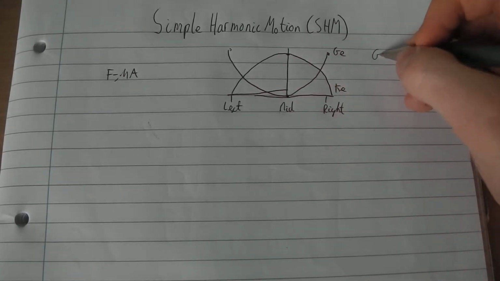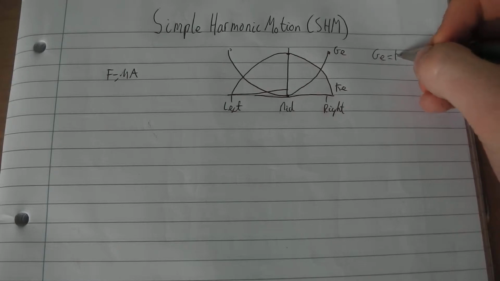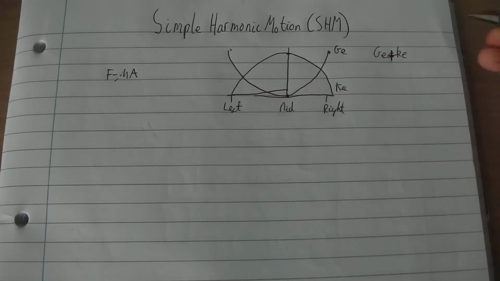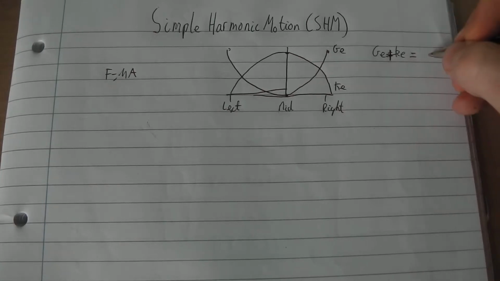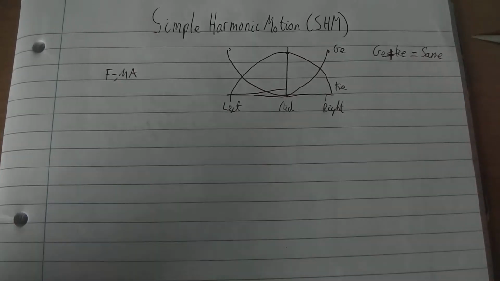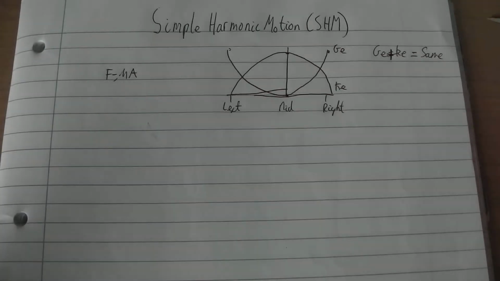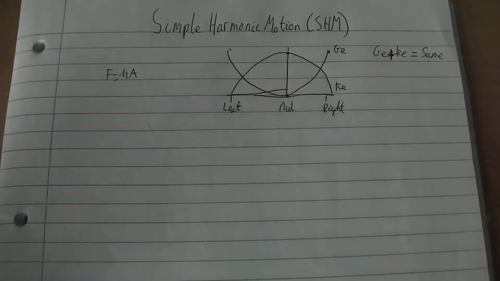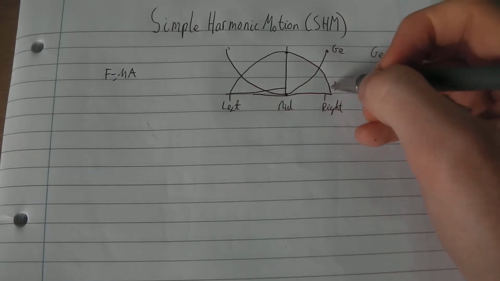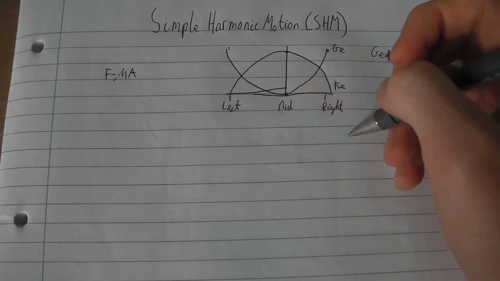And at all points, gravitational plus kinetic energy equals the same, because this assumes a system where there's no air resistance. It assumes a perfect pendulum where no matter how many swings it has, it always goes up to the same amplitude each time. No energy is lost. So the potential energy and the kinetic energy just get transferred between each other.